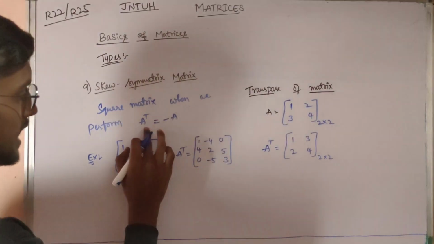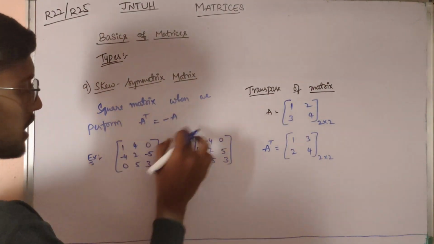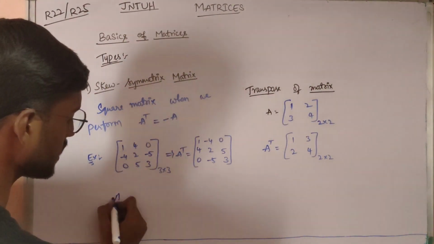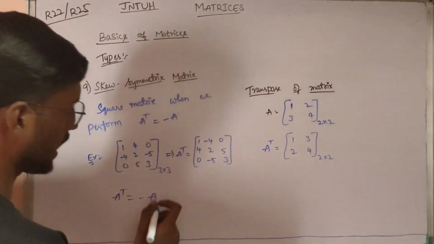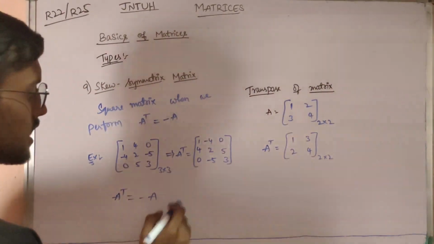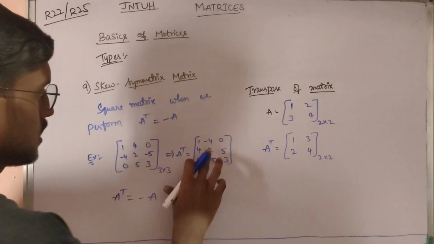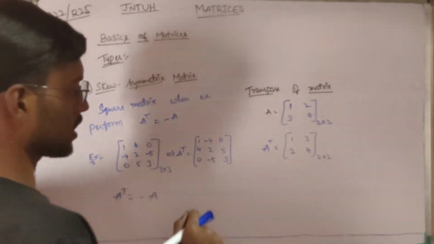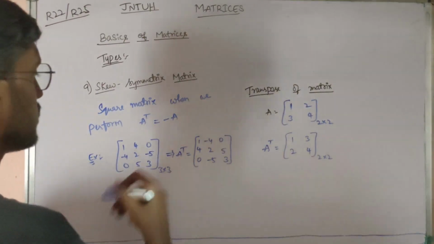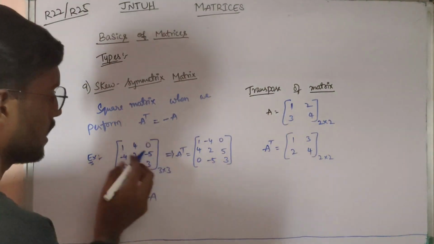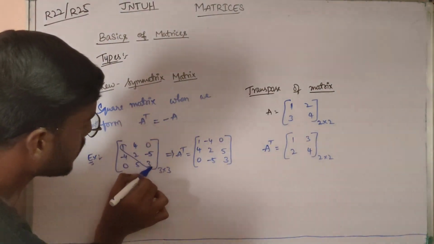Now compare A transpose and minus of A. A transpose is equal to minus of A. Let us take elements, minus 4, okay? In a square matrix where we perform A transpose equals to minus A, the principal diagonal elements will not change.